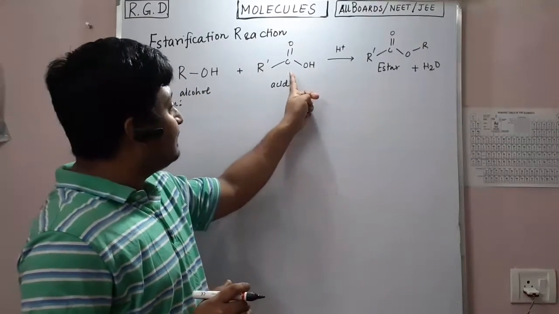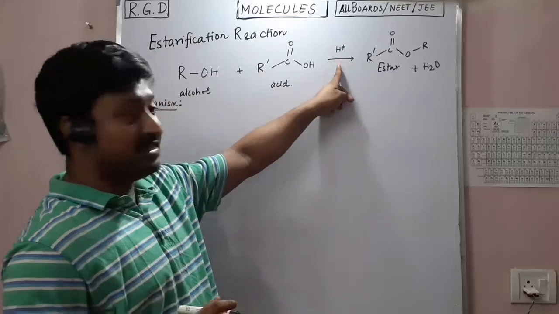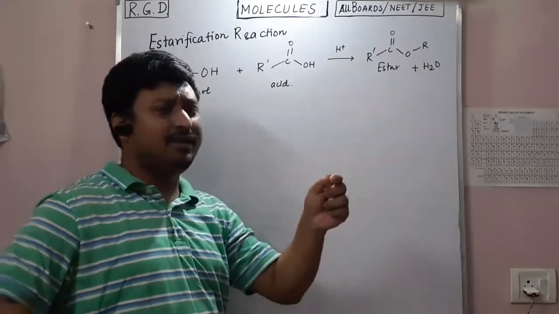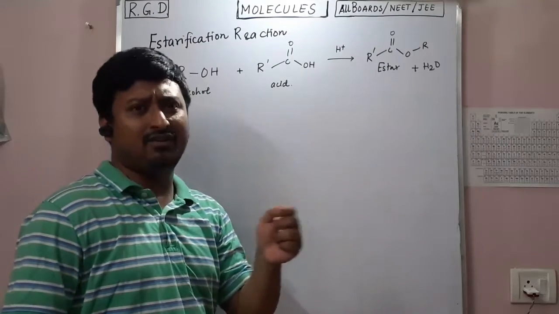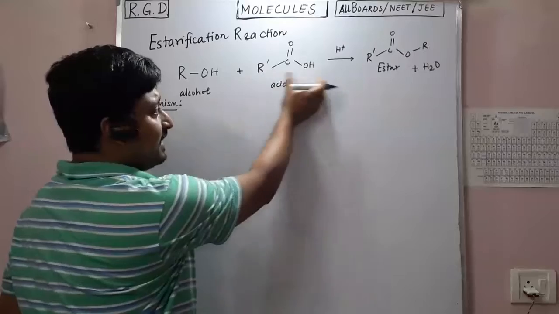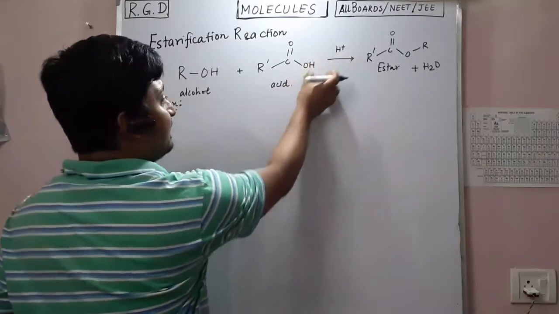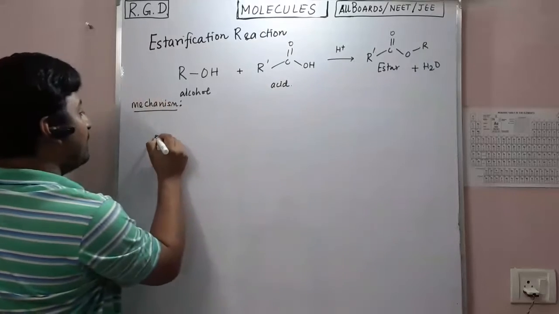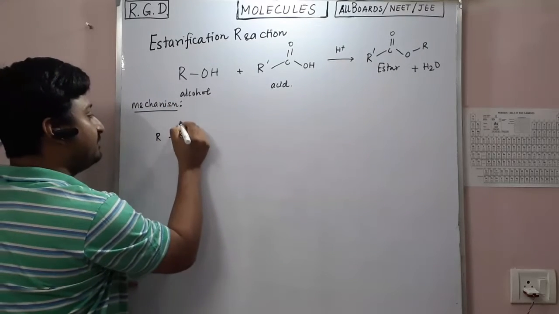In most cases the added acid is dilute sulfuric acid or hydrochloric acid. So this will behave as an acid, and it is a stronger acid compared to the carboxylic acid.